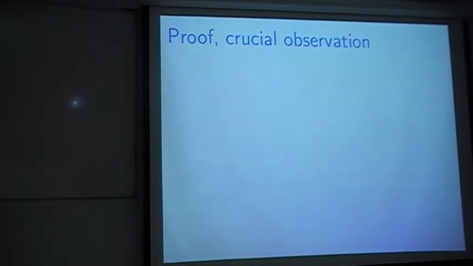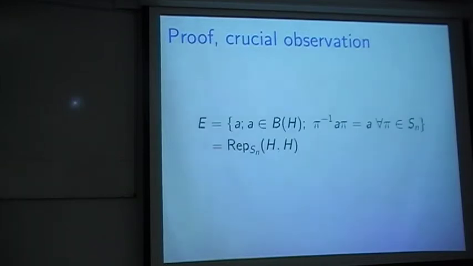Now, the crucial observation that makes it all work. That is, here we have the equalizer. So that is what we should think of as the unordered tuples. And if we look at it in the algebra, if you work it out, then this is all the matrices, the linear maps from H to H that commute with that group action.